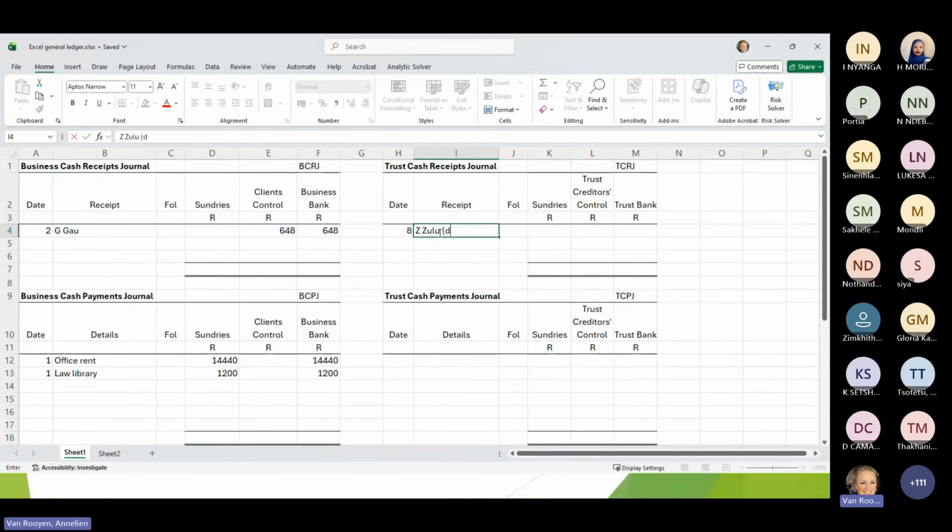That's why we work as teams, because we can't do it on our own. Remember, I always go to the trust bank column first, or the bank column, before I then split this and decide where it goes. Remember, Z Zulu is a client, so it must go under trust creditors control. Everybody okay on that?